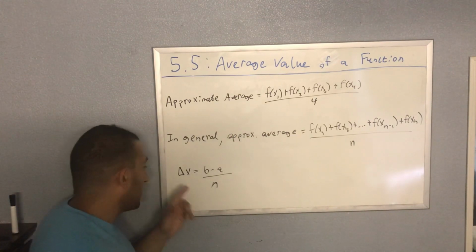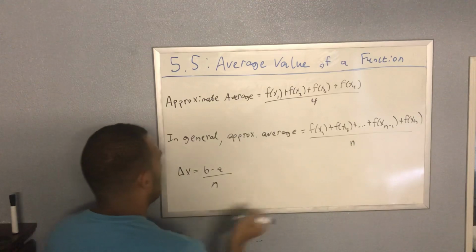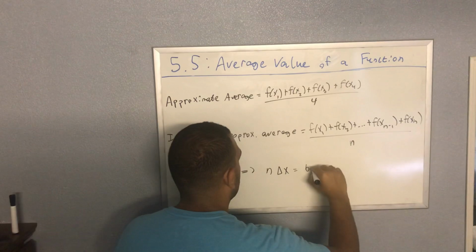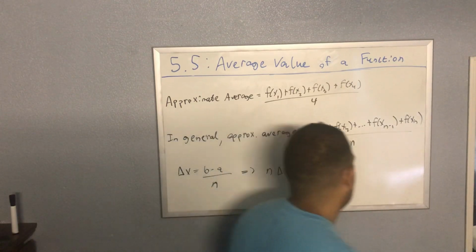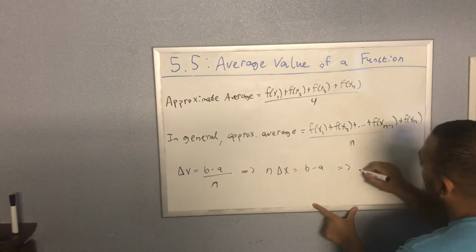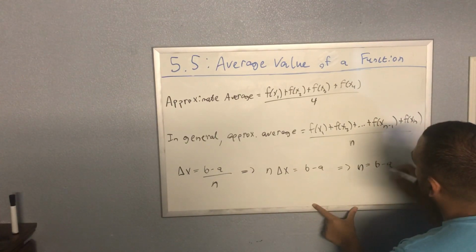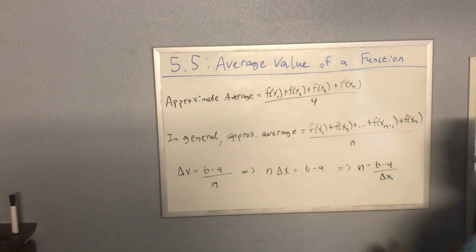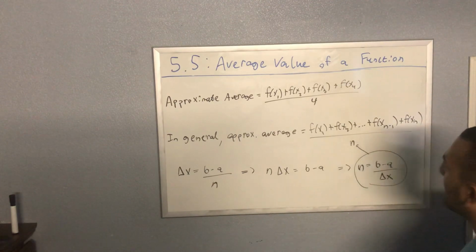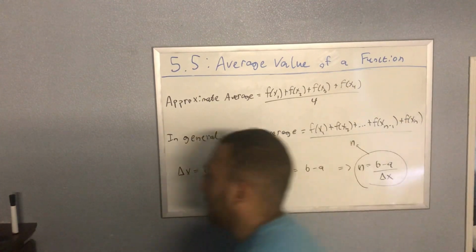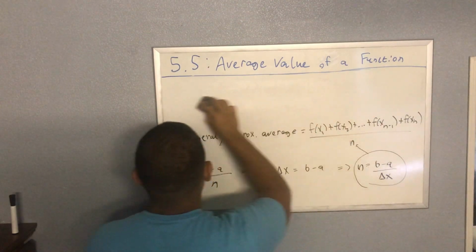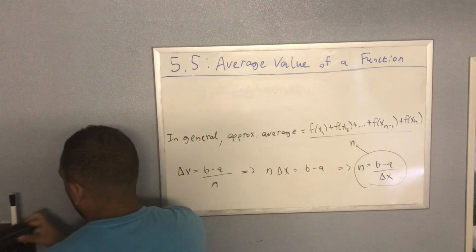And so if we do a little bit of algebra, you can rewrite this as n times delta x is b minus a. And then if you divide everything by delta x, you would get that n is b minus a over delta x, which we're going to stick in for that n now. So when you do that, what do you get?